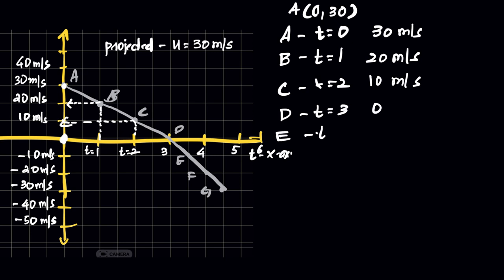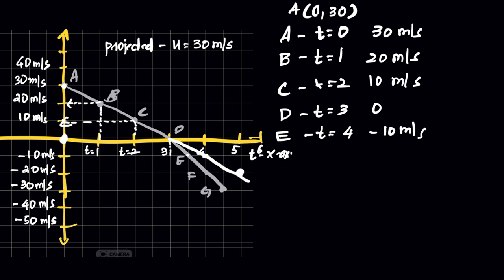At E, t is equal to 4. This is the point E. There's a minor mistake in the graph. This should actually go like this. So at t is equal to 4, we have minus 10 meter per second.